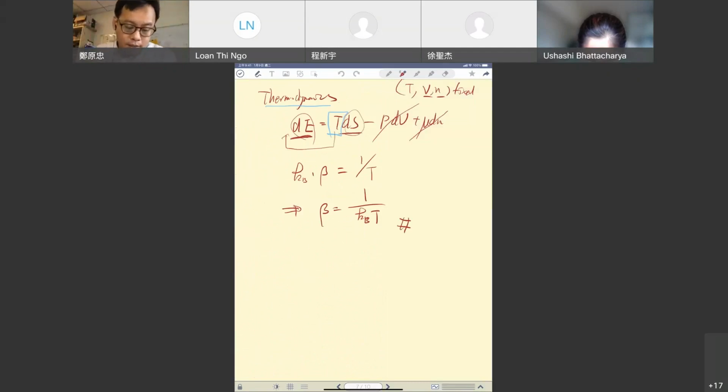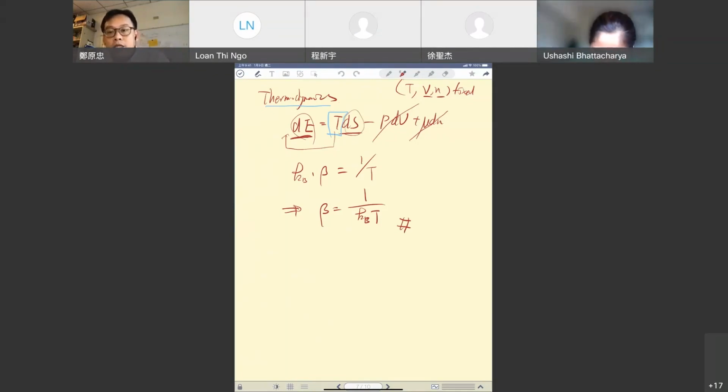So this is an alternative derivation of the Boltzmann distribution, but you see that it's more complicated and involves more mathematical tools. You need to be familiar with the Lagrange multiplier technique, but it's physically very insightful in the sense that it shows the Boltzmann distribution indeed maximizes entropy.